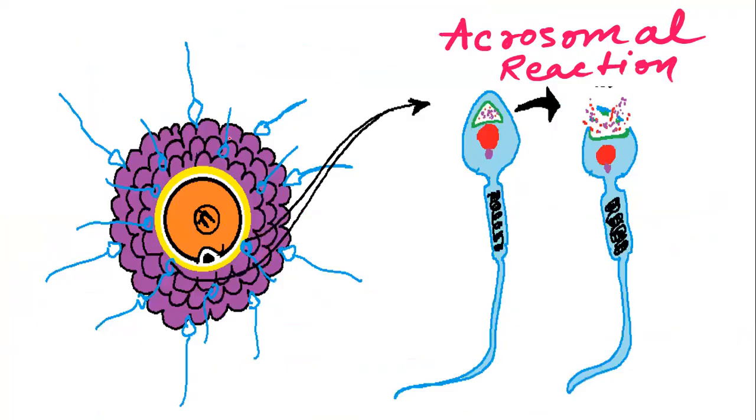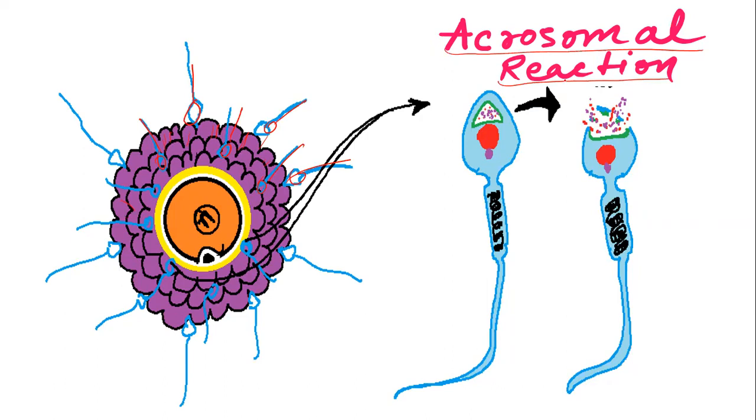Now, once the capacitated sperm reaches the ova and attacks the ova, what will happen? First, they will start burrowing through the outer cell layer. During the burrowing process, there is one reaction called the acrosomal reaction.